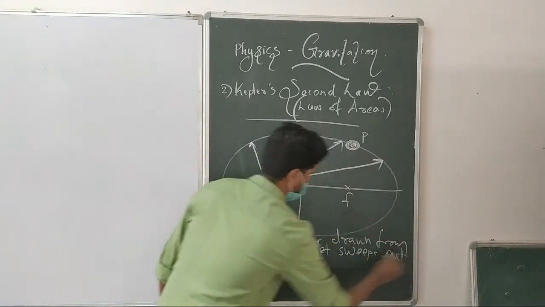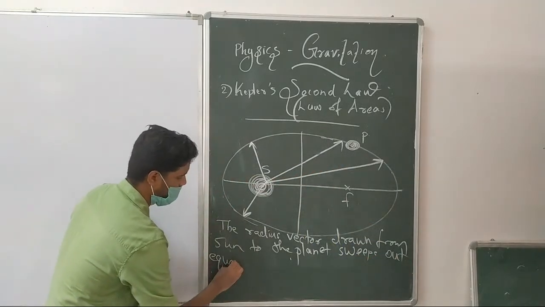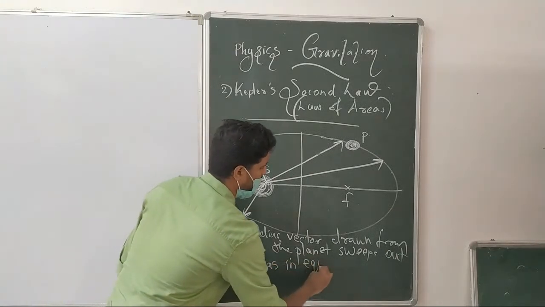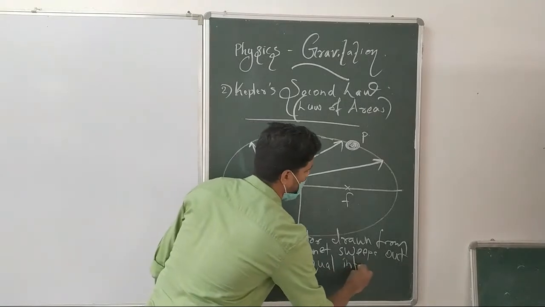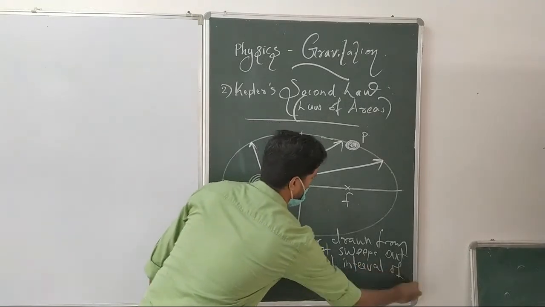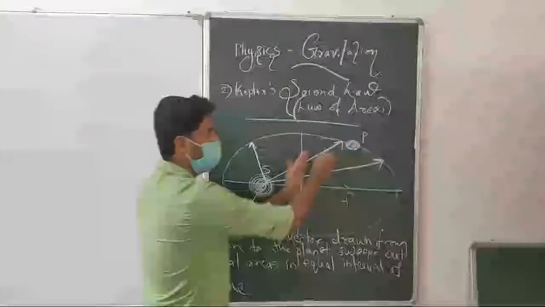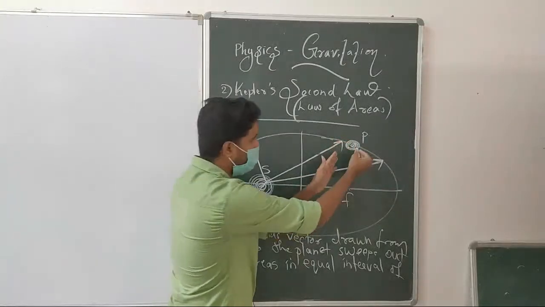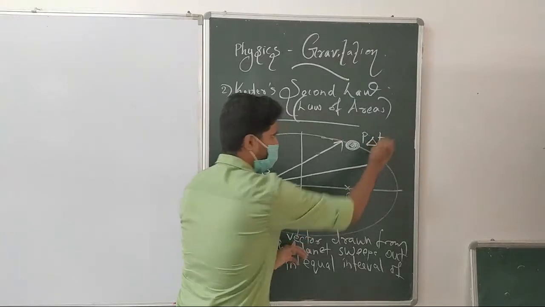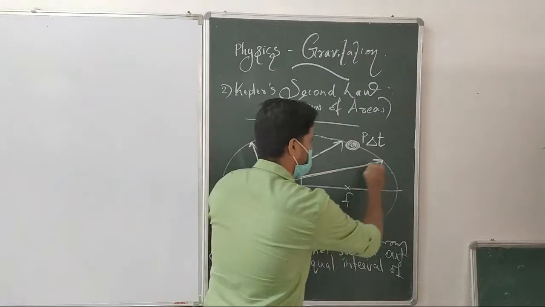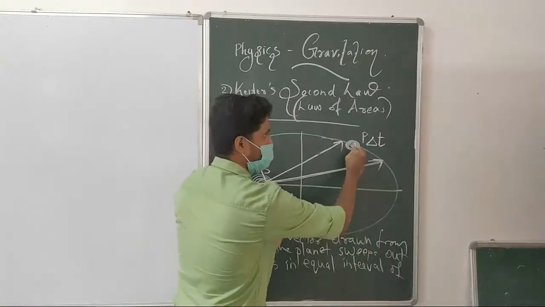Sweeps out equal areas in equal intervals of time. This one is the line from the sun to the planet, and after delta t time, again I am drawing a radius to the planet.